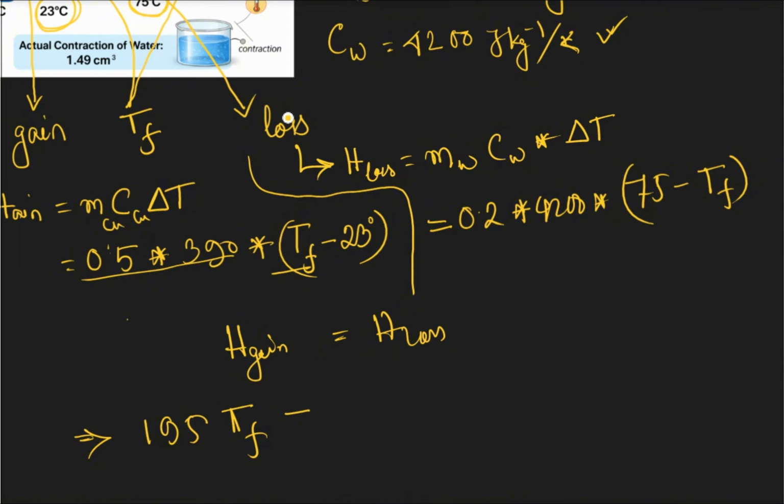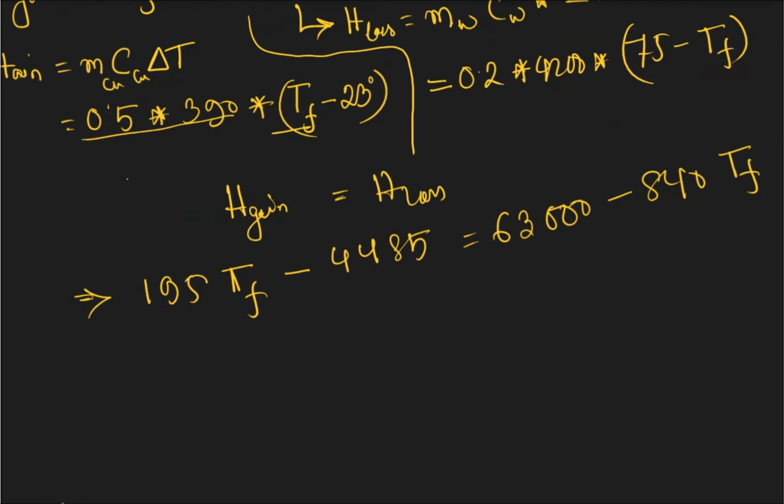So we could write down 4485 equals to, here we actually multiply this term with 23, so we have 4485, as well as we multiply this part with 75, that is 63000, and the multiplication with the final temperature with this part, that is actually 840 TF.